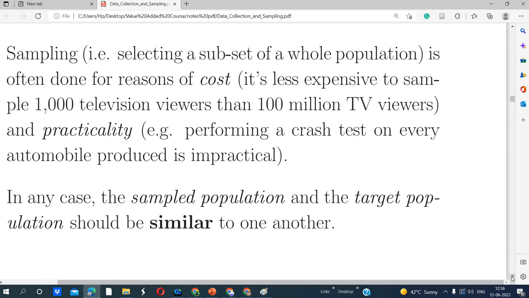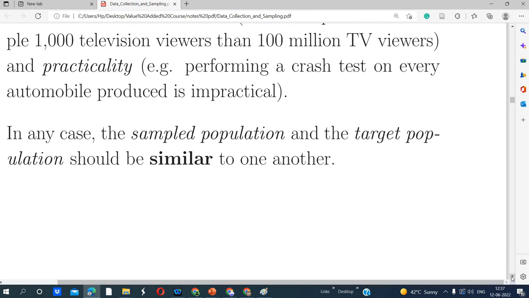so in any case the sample population and the targeted population should be similar to one another. Like what sample I have taken and what is our target population, it should be similar. Like if we want to introduce a new business in an area, so whatever sample you have taken initially should be similar to the target population to whom you are designing a product, to whom you are going to do business.